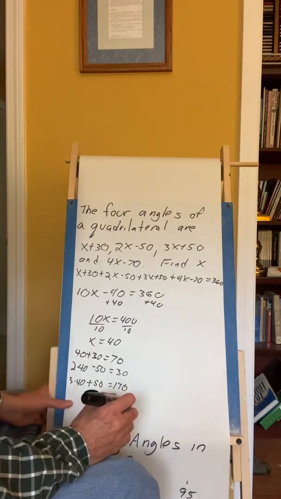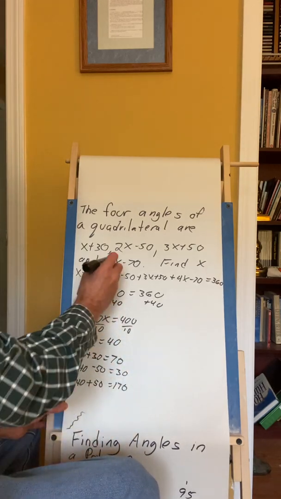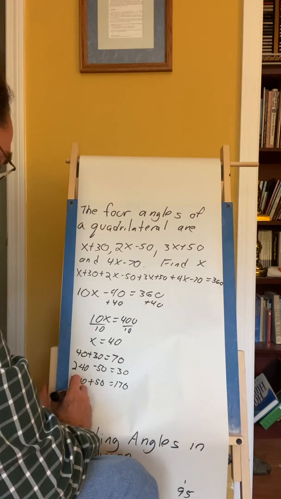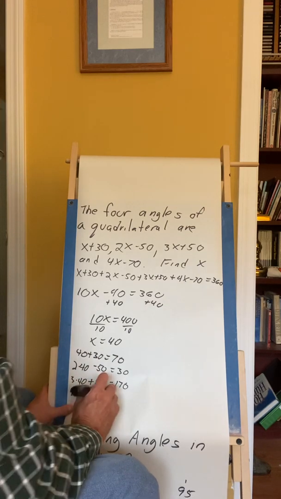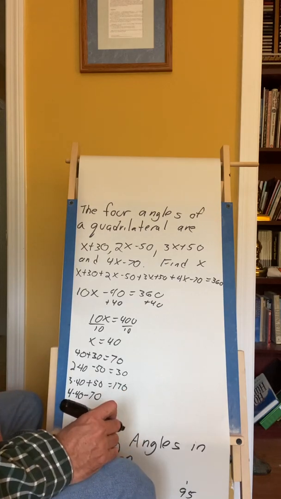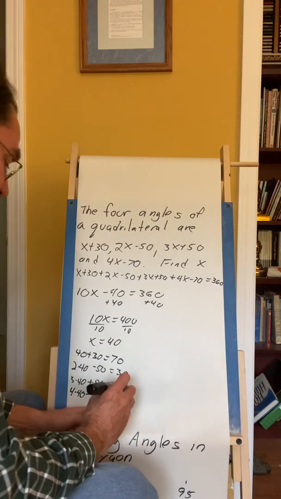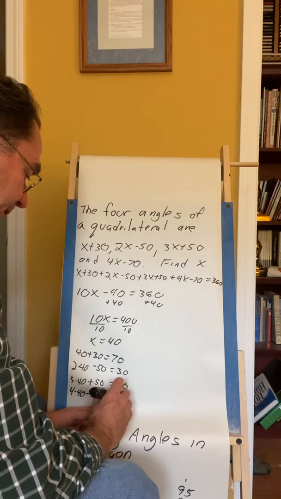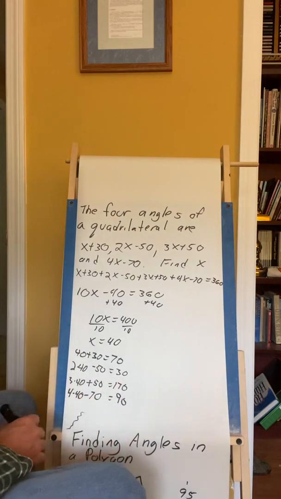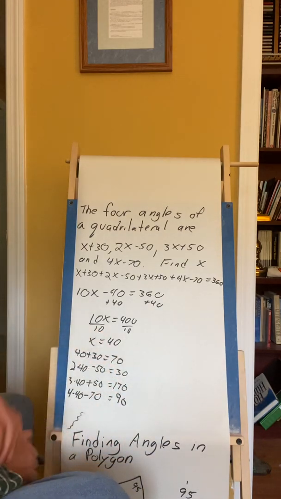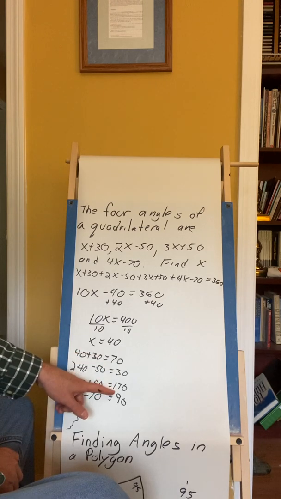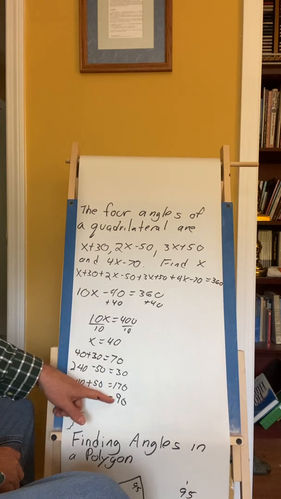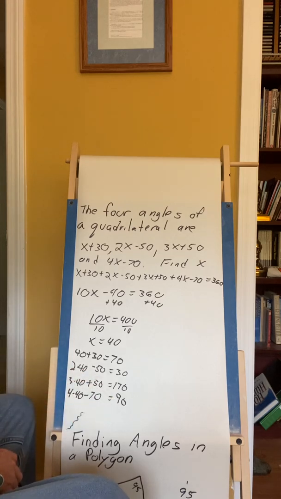And last here, let's take 4 times 40 minus 70. 4 times 40 is 160, minus 70 is 90. If you add these up, those four angles, 70 and 30 is 100, and 170 is 270, plus 90 is 360 degrees. That's a check.